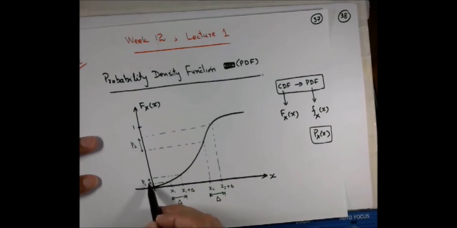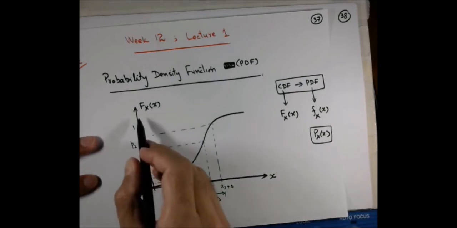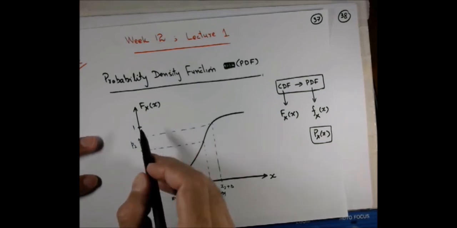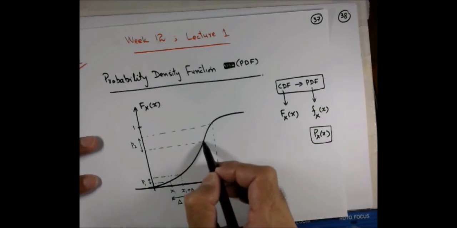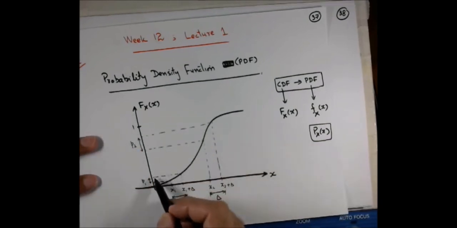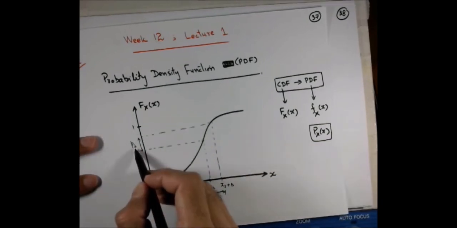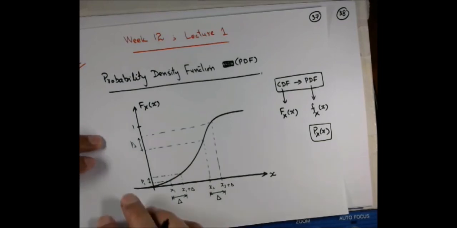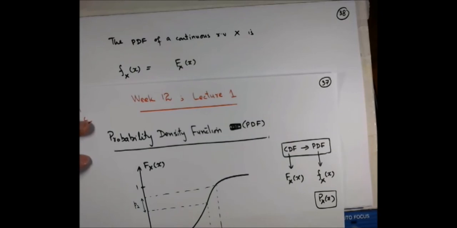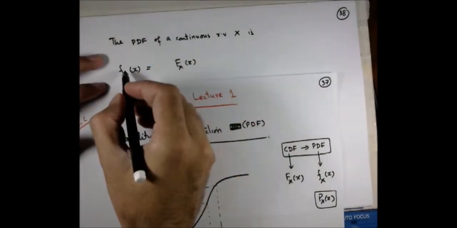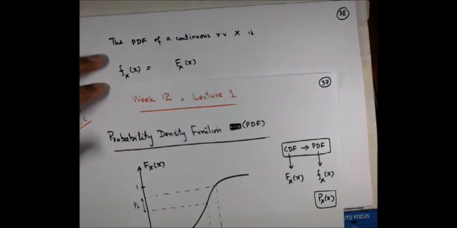The lower the slope of the plot of CDF, the lower the probability. The higher the slope of the plot of CDF, the greater the probability of the same size interval. So now all the probabilities can be written as the probability density function.